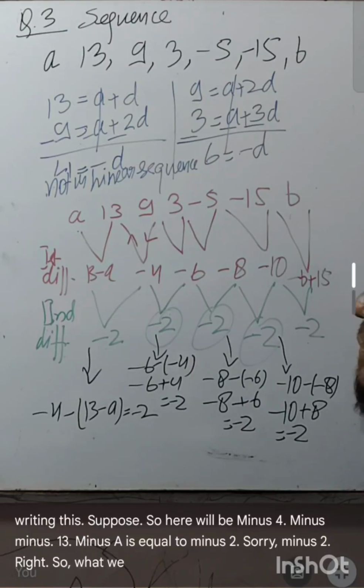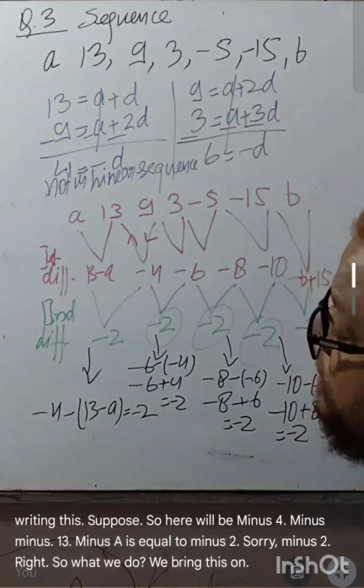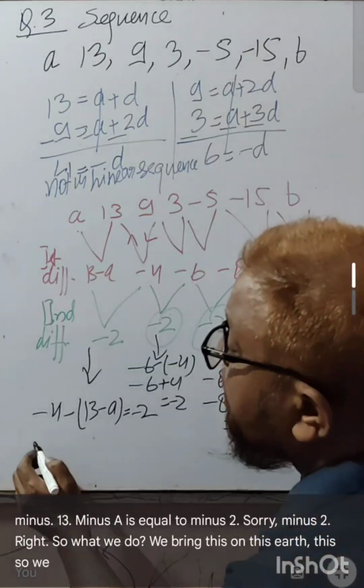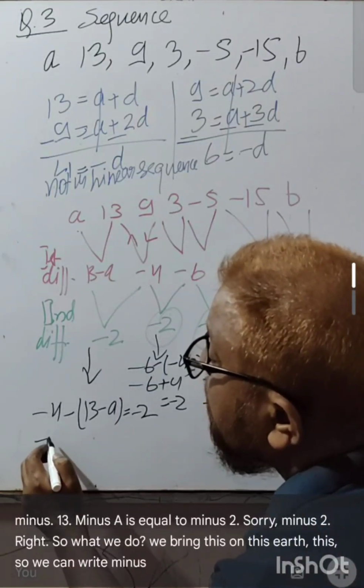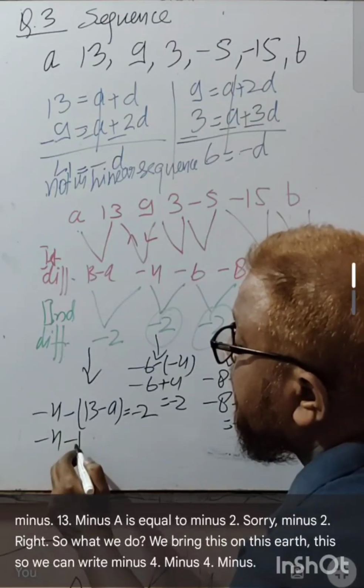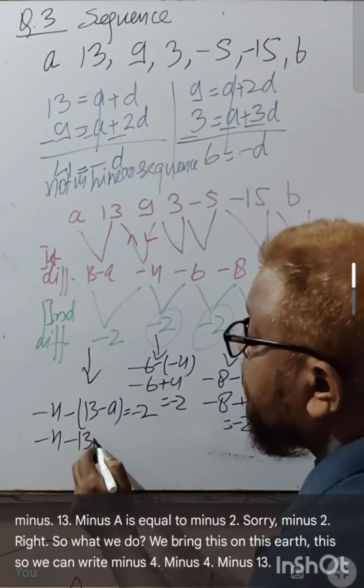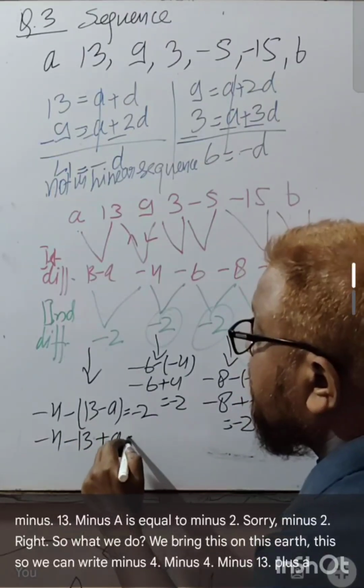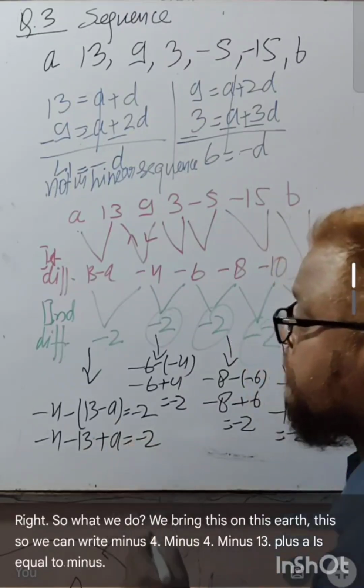So what we do, we bring this on this side, so we can write -4 minus 13 plus A is equal to -2.